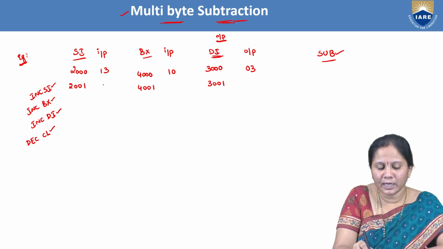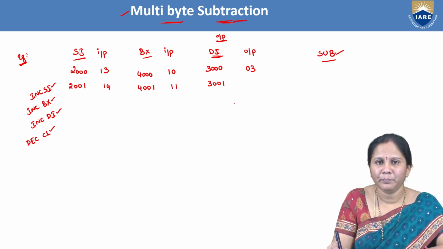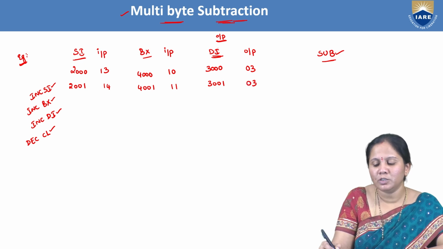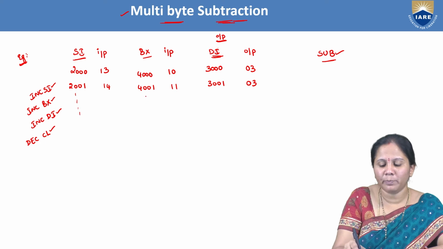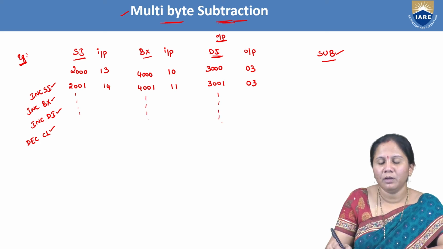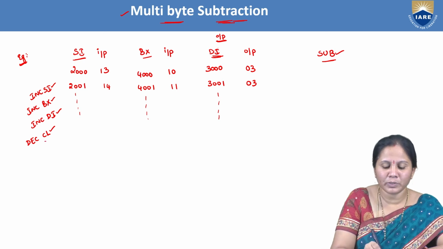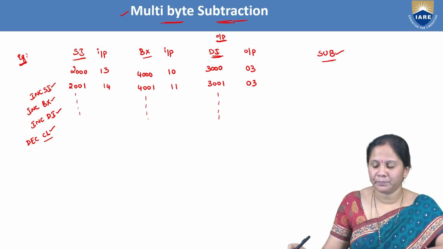So let us consider the content present in this location is 14 and 11. So if the subtraction operation is performed, the result will be 03. So like this, the subtraction operation will be performed between multiple inputs. But how many inputs we are taking, we have to represent in the CL register.